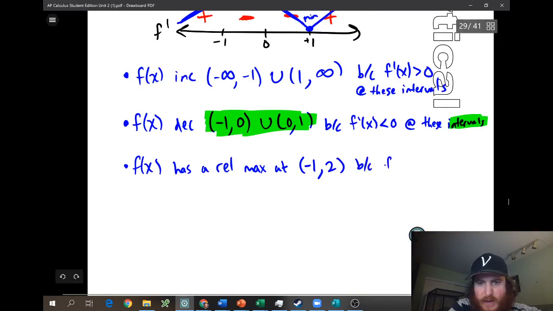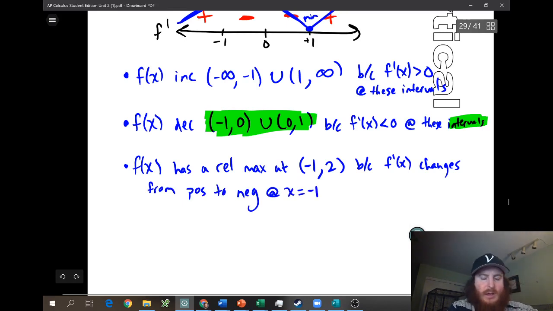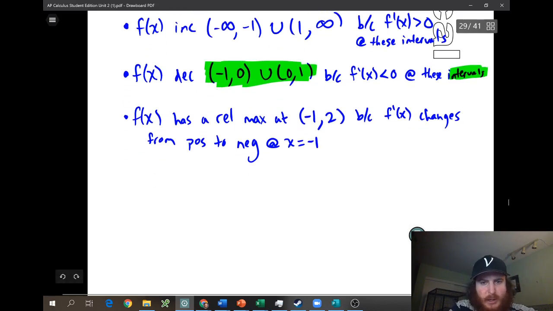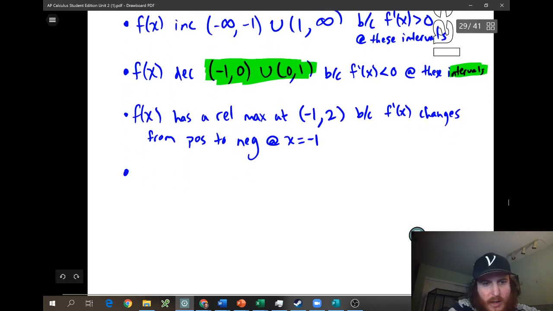Because f prime of x changes from positive to negative at x equals -1 at that point. Again, we could have said f changed from increasing to decreasing, but I prefer this explanation. Okay, and then our last one, f of x has a relative minimum.